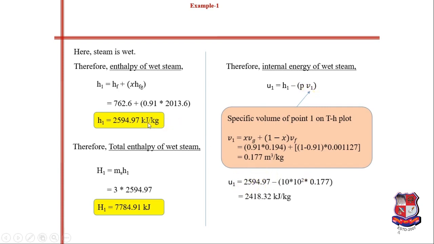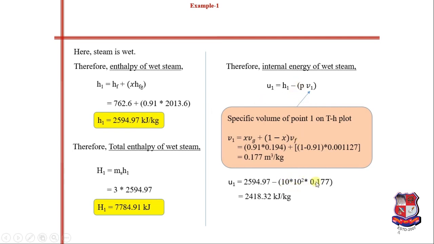H1, that is 2594.97 minus pressure 10 into 10 raised to 2. Okay, here we have substituted the pressure in kilonewton per meter square. Keep that thing in mind. Okay, because here unit of H1 is kilojoule per kg. Okay, it is in kilo. That is why we are required to take the pressure in kilonewton.